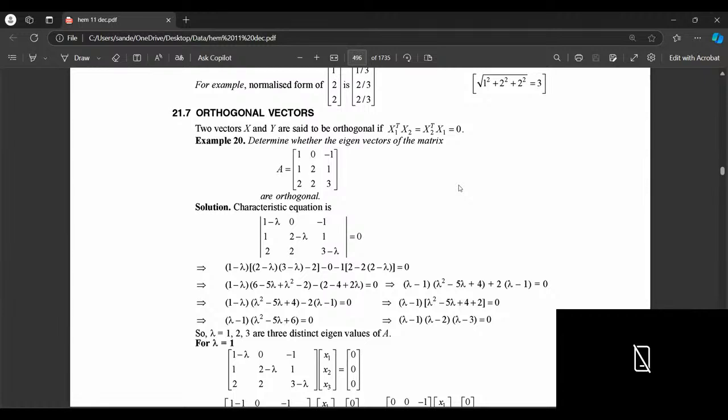So this is a polynomial of degree 3 in lambda. So you will get here 3 eigenvalues: lambda equal to 1, 2, 3 are three distinct eigenvalues for the matrix A.